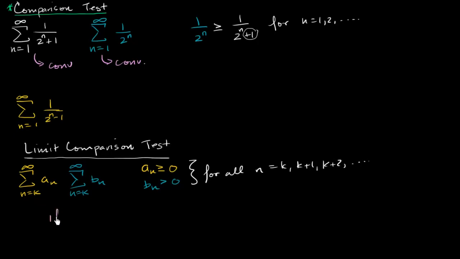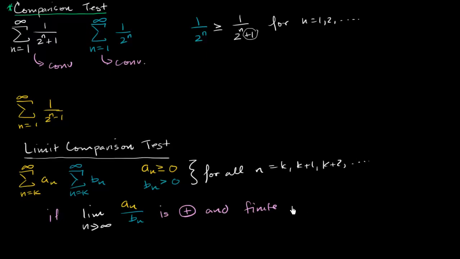And if the limit as n approaches infinity of a sub n over b sub n is positive and finite, then either both series converge or both series diverge.